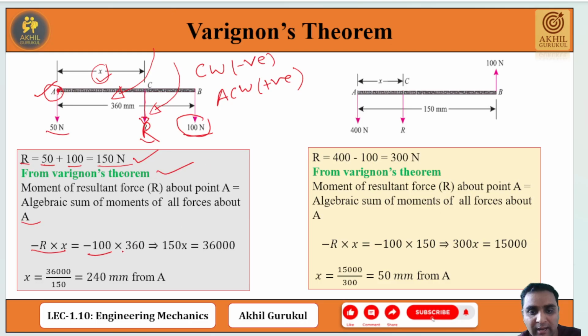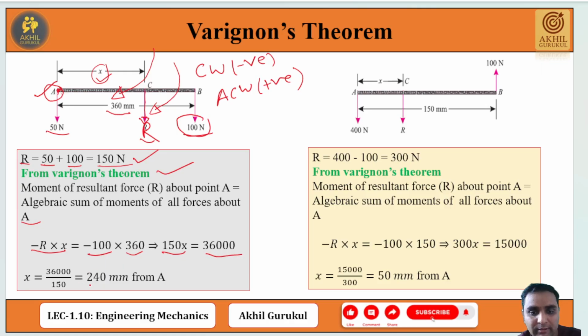value of the force, and distance between A to B is 360 mm. So 360 mm. I simplify, 150x, value of R is 150. So 150x equals this value.